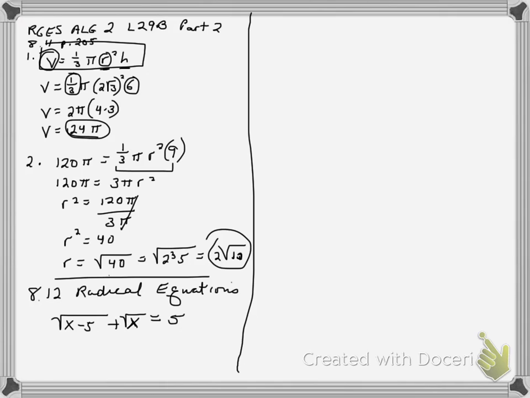Okay, this is not going to be terribly difficult, but you probably could not have come up with this on your own. You've got two radicals here. On the left-hand side, we're going to move the simpler one to the right-hand side. Equals 5 minus the square root of x.